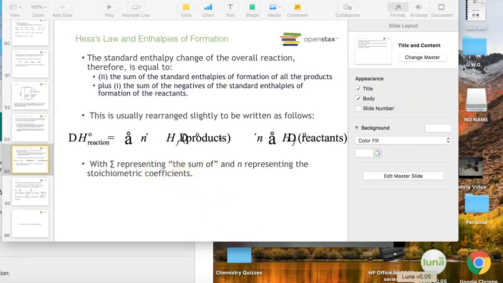Let me show you what this messed up equation should look like as it's written out.